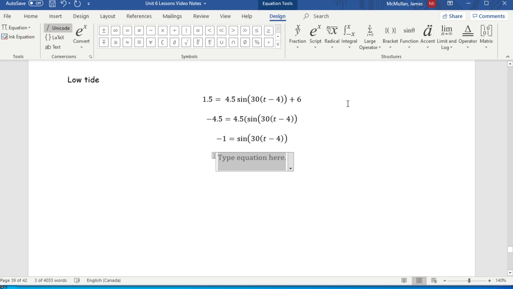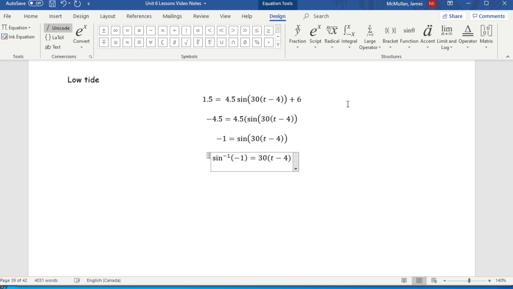Now, when you inverse sine negative 1, your calculator is going to say negative 90. Now we don't want a negative angle, so we have to think, what does negative 90 mean? Inverse sine of negative 1 would be equal to 30 (t minus 4), right?